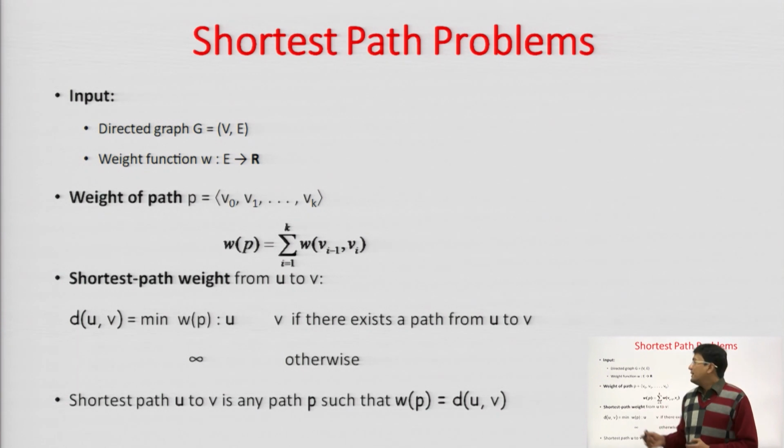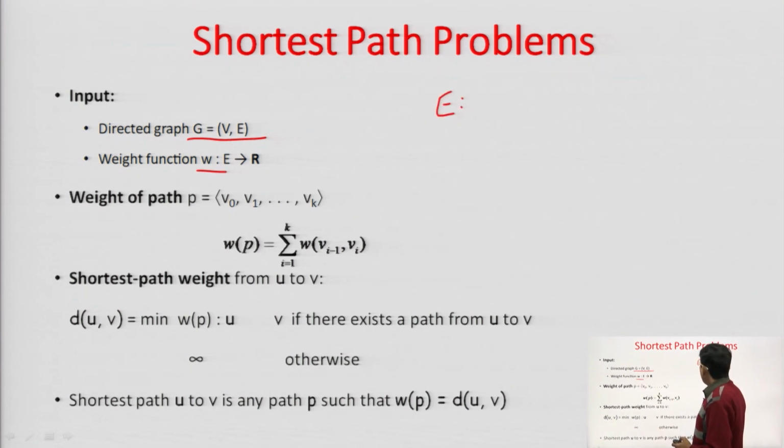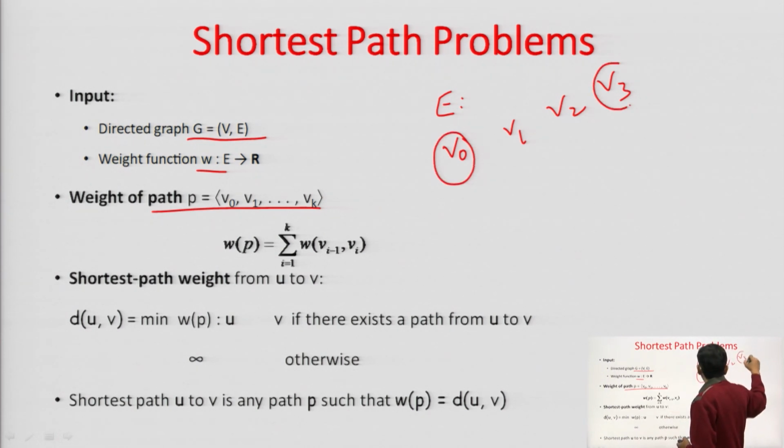Now, you see there is a graph, let us say G equals (V, E). The weight is actually the cost on the edge. And how will you define a path? For example, vertices V0, V1, V2, V3, where V0 represents the source station and V3 represents the destination station.